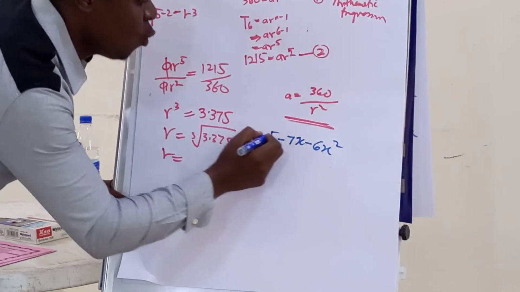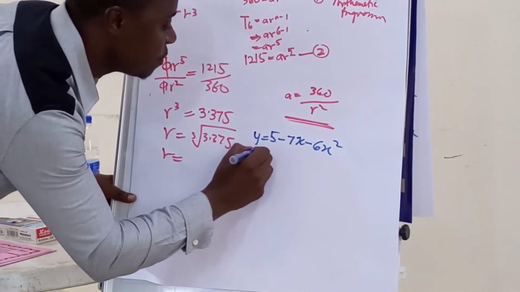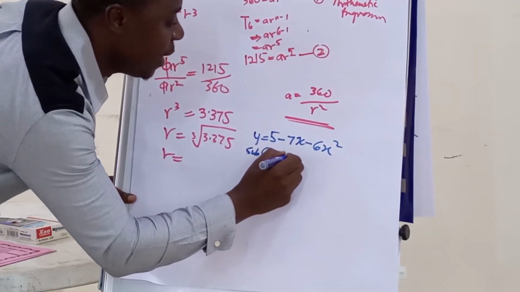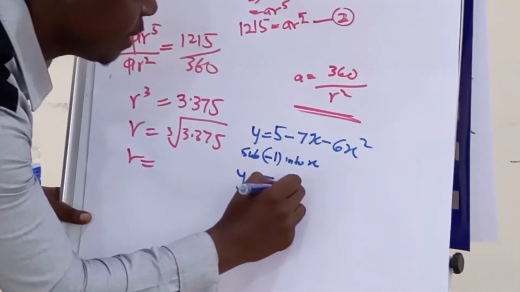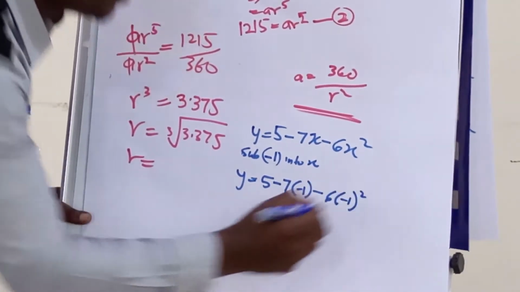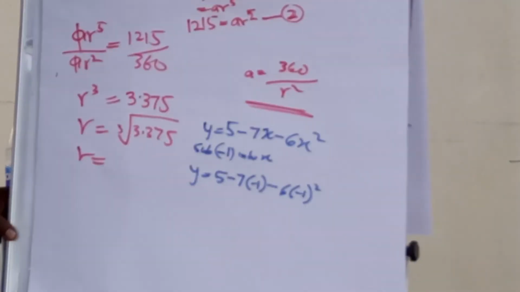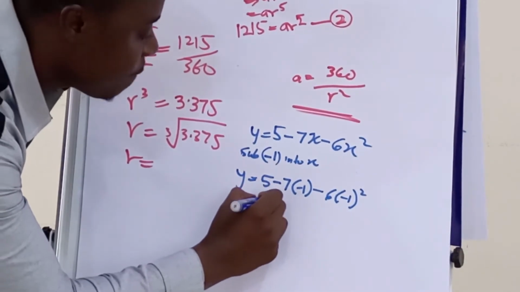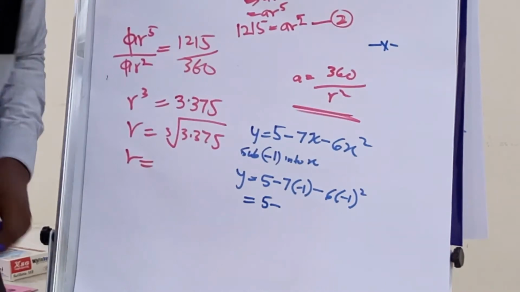Whenever you see x equals minus 1, substitute minus 1 into x. So y equals 5 minus 7 into minus 1 minus 6 into minus 1 squared. That's what it means. So, if you look at this, it gives us 5, and minus times minus equals to what? Plus.